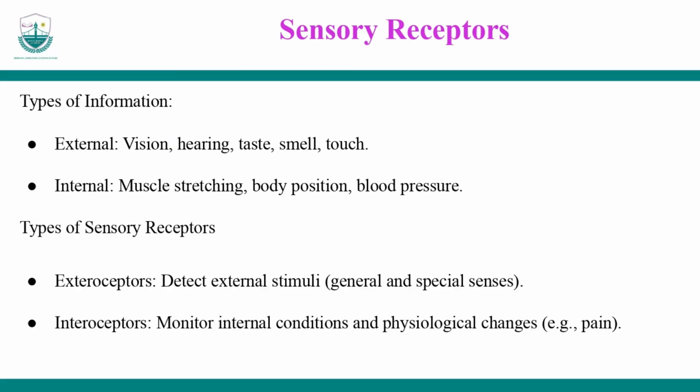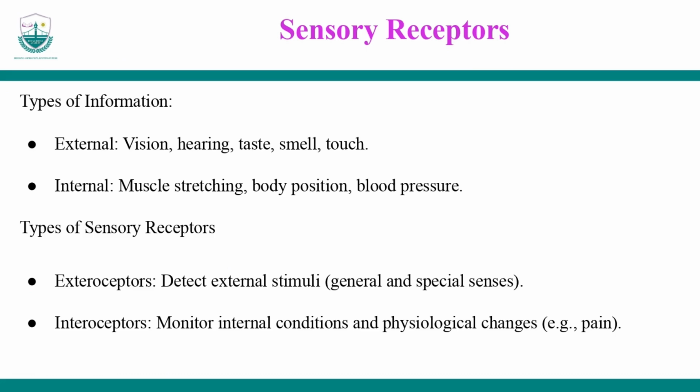Now the internal stimuli, you have actually many of them. And here we can have stretching of muscles. It can be stretching of smooth muscles, stretching of blood vessels, the increase in heart rate, information about the position of the body. When we rotate our head, the brain gets information about where the head is, where the body is actually.